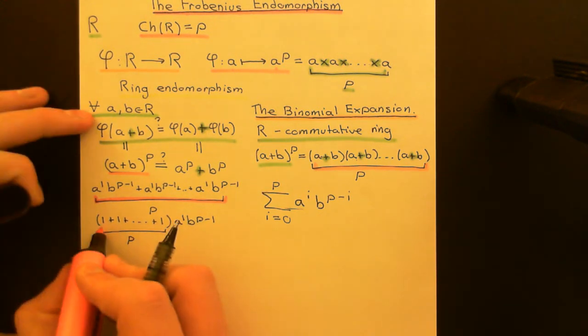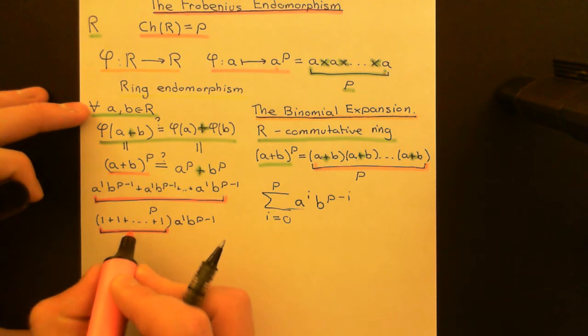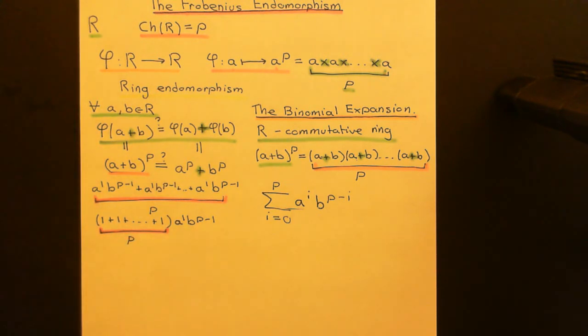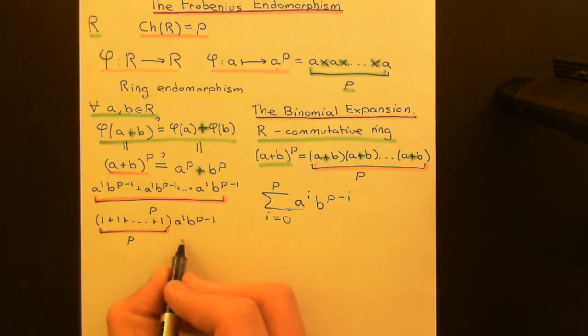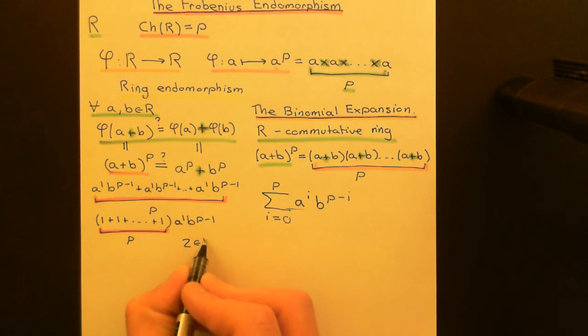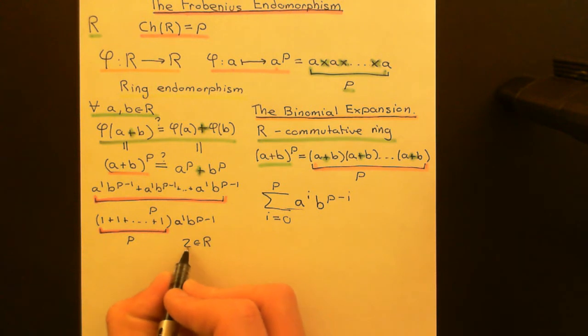Now, when you have p 1s added together, we call that element, we give that element a symbol, and we give it the same symbol as you would have in the natural numbers. Okay, so that's why you can truly think of all natural numbers as being elements of the ring. So you can always think, no matter what ring you're dealing with, you can think of 2 as being an element of that ring, because 2 just denotes the multiplicative identity added onto the multiplicative identity.